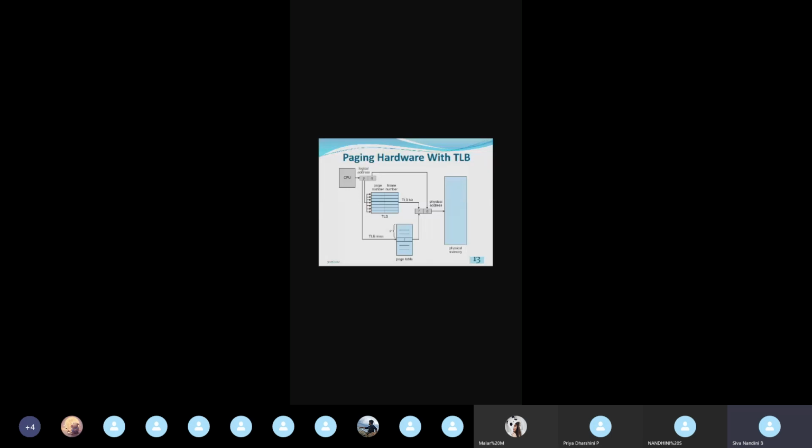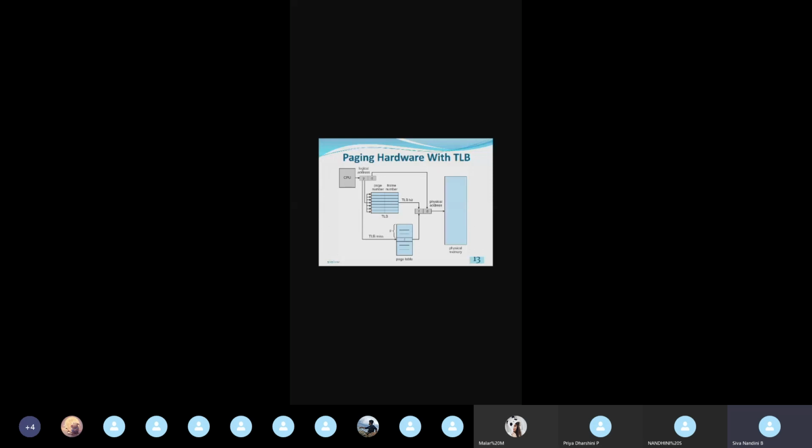Suppose we say this TLB is a part of memory which includes page number and frame number. Suppose a particular page of a process is not in the physical memory. For example, a process has 10 pages, but only some of those pages are in the physical memory and some are not. Then those will not be in the TLB either. In the TLB we selectively have only some pages and their corresponding frame numbers.